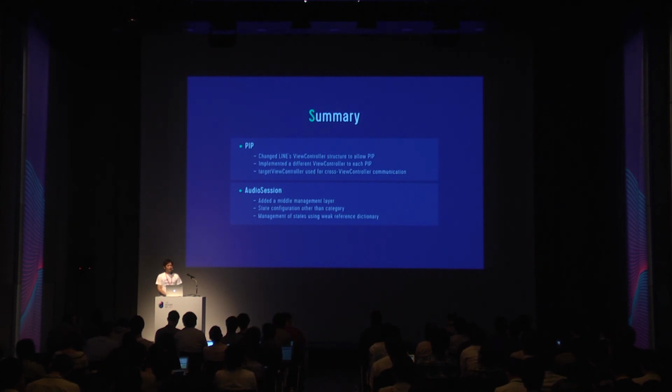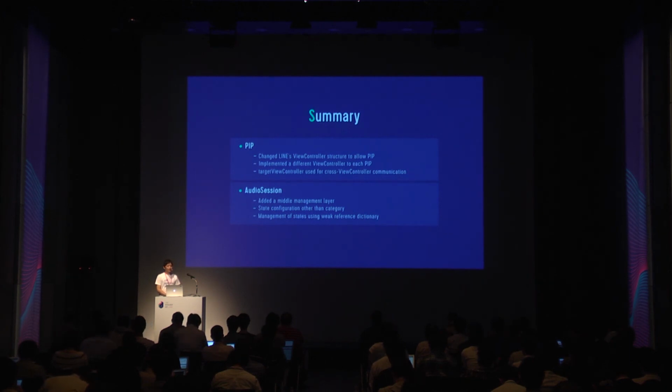This is a summary. In order to realize PIP, we had to change the structure of the LINE view controller. Moreover, for all PIPs, we decided that the rule should be that a view controller is implemented one by one for each PIP. By using the target view controller, PIP can now be displayed anywhere.